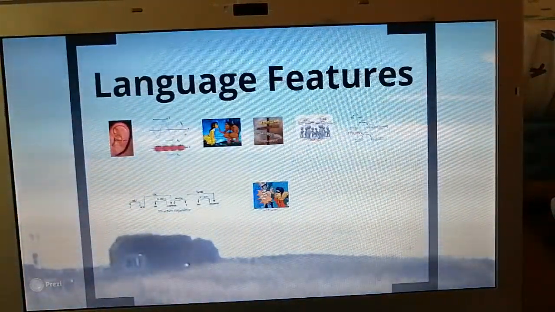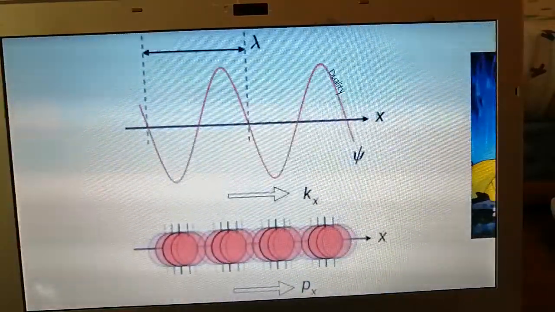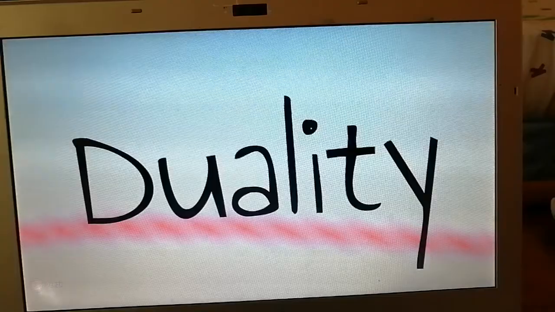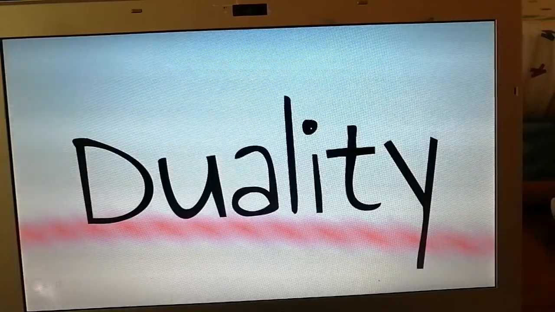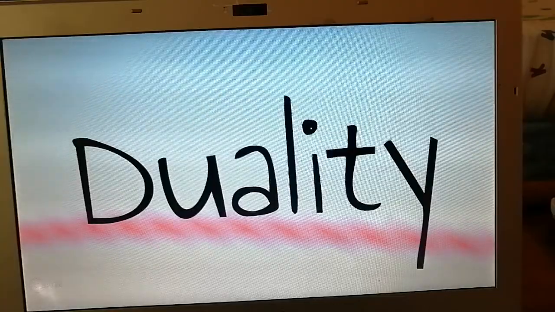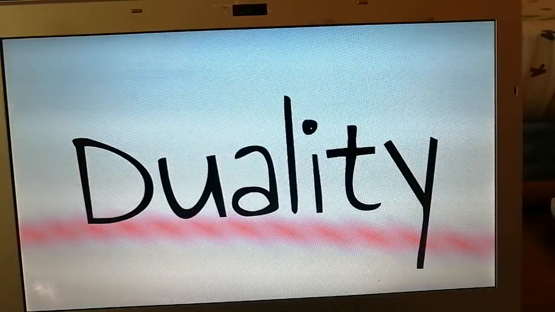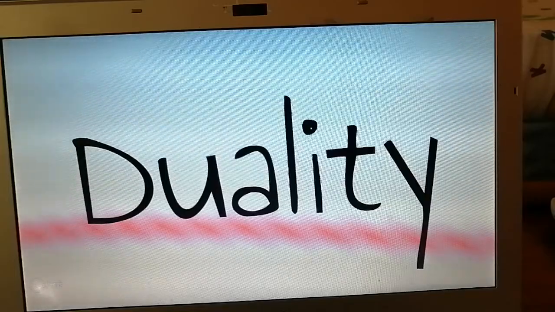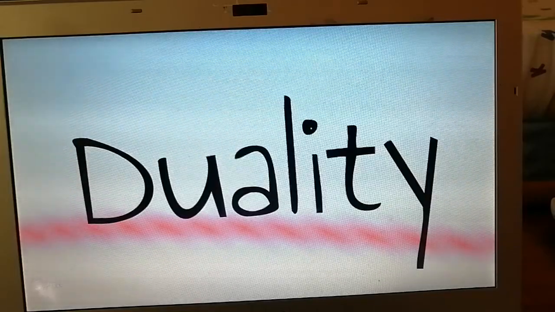The second feature of languages is duality. Duality comes from the word dual. Dual means two. Duality is the combination of sound and meaning. When we speak, we do not just produce sounds.